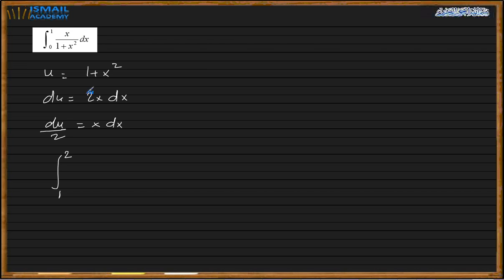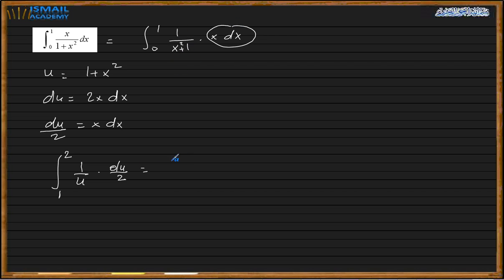x dx is du over 2 and 1 over u, so it's going to be 1 over u times du over 2. So it's like I'm doing this way: the integral from 0 to 1 of 1 over x squared plus 1 times x dx. You see, this is my du over 2, and this is going to be 1 over u.